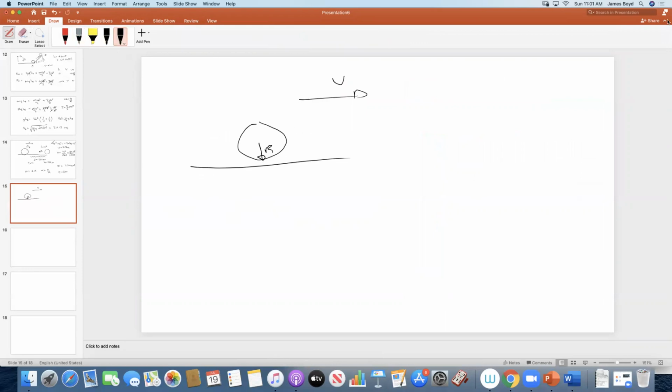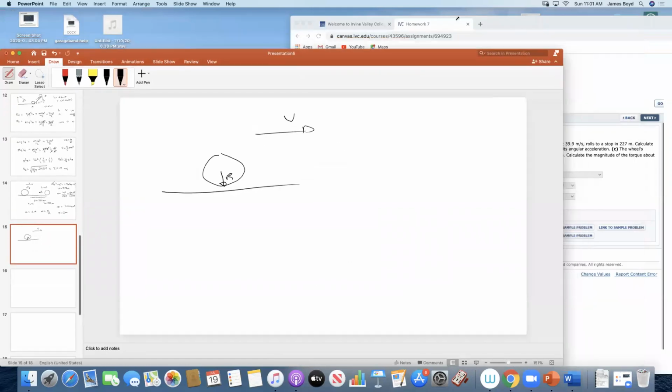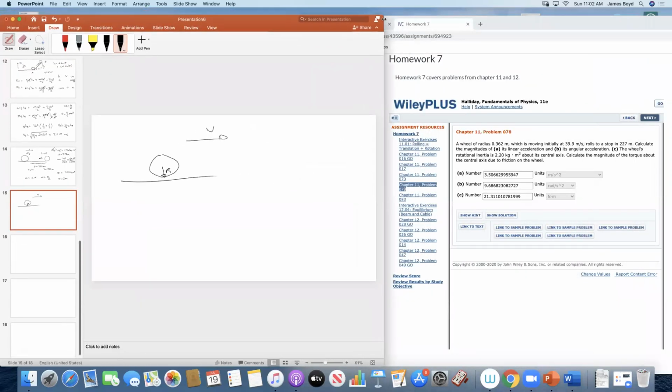The reason that I accidentally pointed this in the wrong direction is that normally, in order to roll without slipping, there has to be some static friction. But here, this friction force must be going that way. And I know that because R and F have to be slowing down the rotation. R turns to F. This would be a positive alpha or a positive torque. And the whole object, if it's rolling that way, is rolling with omega in the positive direction.